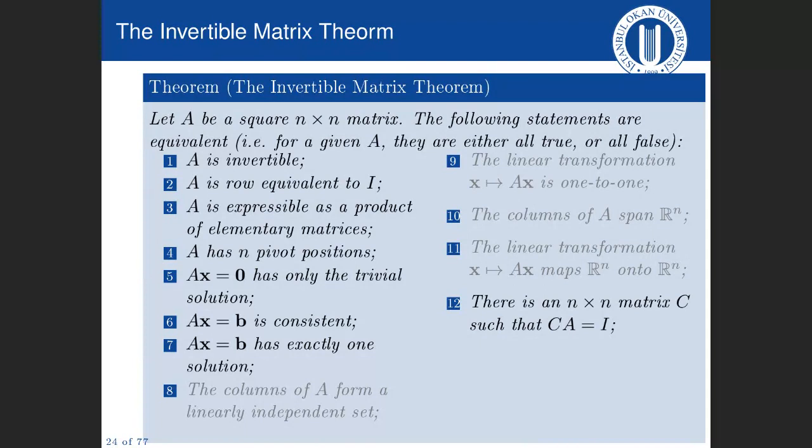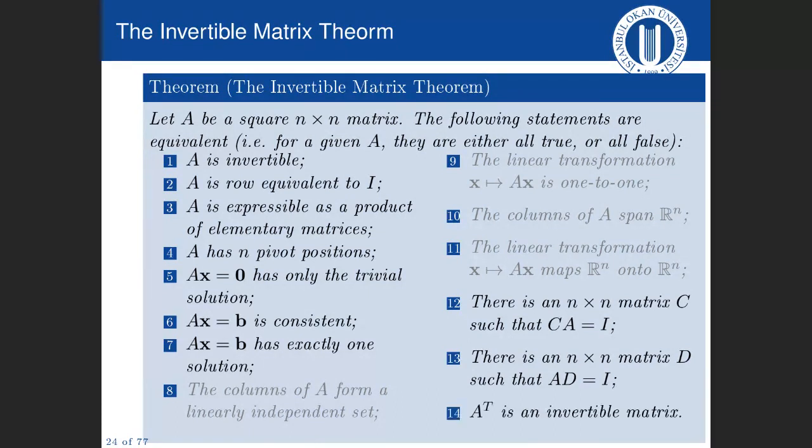Number 12, there is an n by n matrix C such that CA is equal to I. Number 13, there's an n by n matrix D such that AD is I. And finally, statement number 14, A transpose is invertible.